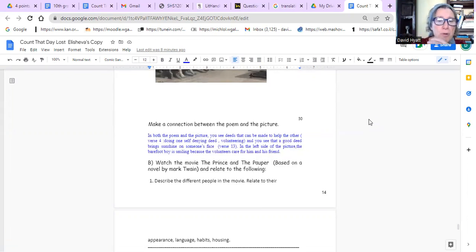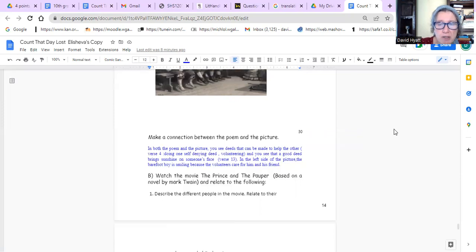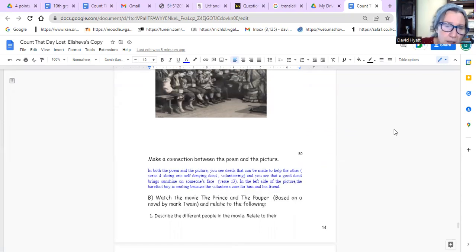In both the poem and the picture, גם בשירה ובתמונה, you see deeds that can be made to help the other. אוקיי? אפשר לראות מעשים שאפשר לעשות כדי לעזור לזולת. אז you see, ואז אני מביא משהו מהשירה עצמה, אוקיי? ה-supporting element. אני מביא משהו שכן נכון מוצאים גם בשירה עצמה.